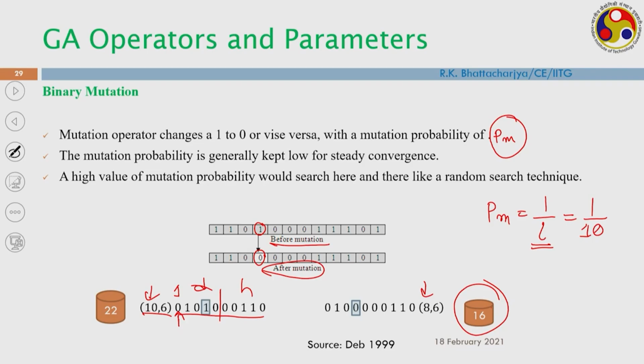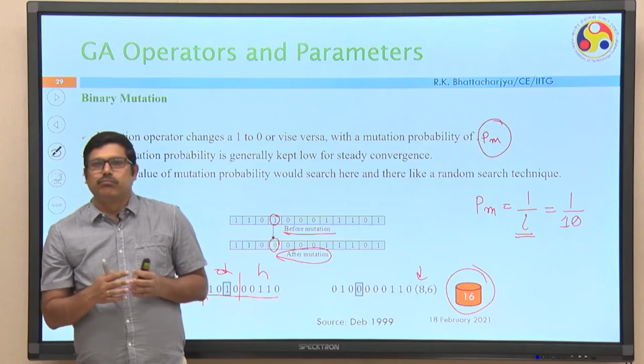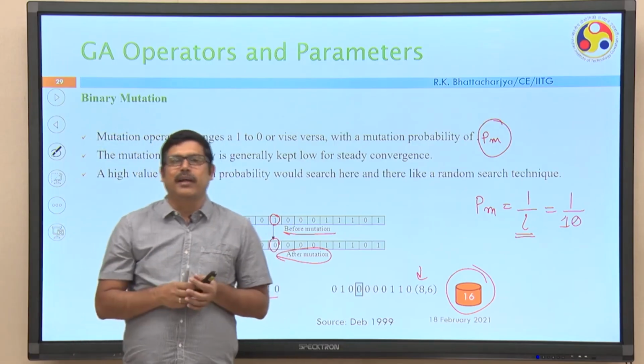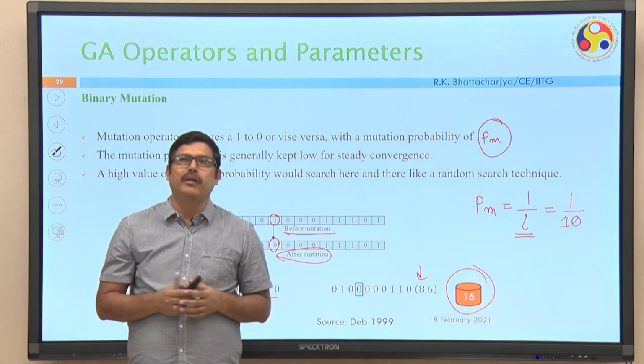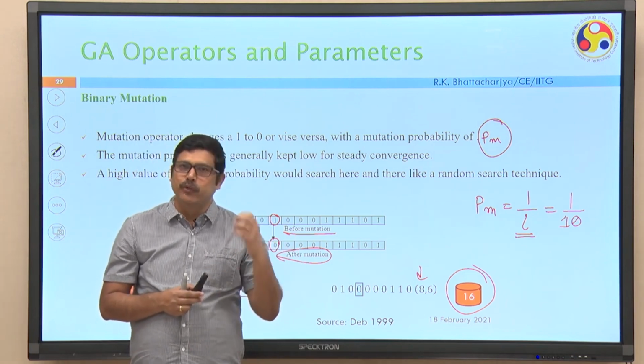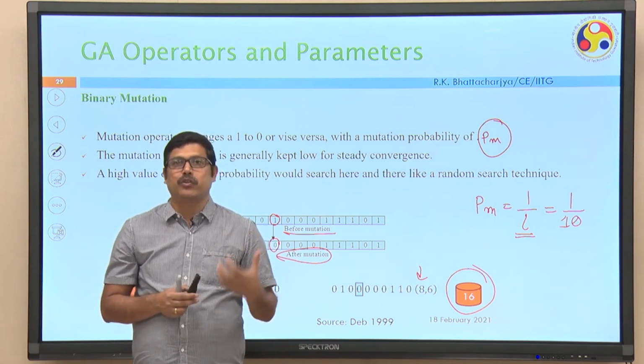So, generally we are taking very low mutation probability, and if I take 1 by 10 in this case, what does it mean? Out of 10 bits, 1 will be mutated. I do not want more than 1 bit or something like that. So, you have to use mutation, but in a controlled manner.